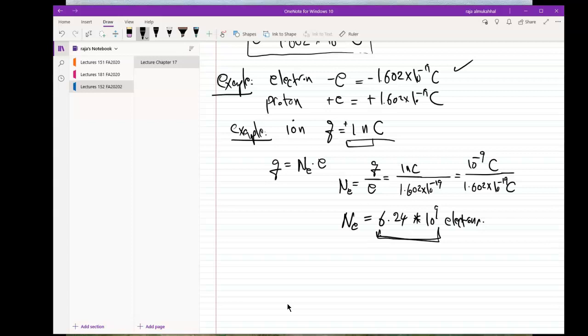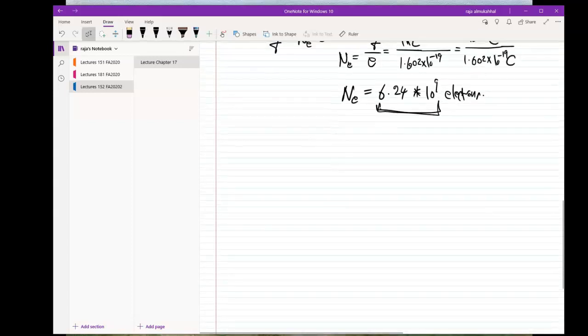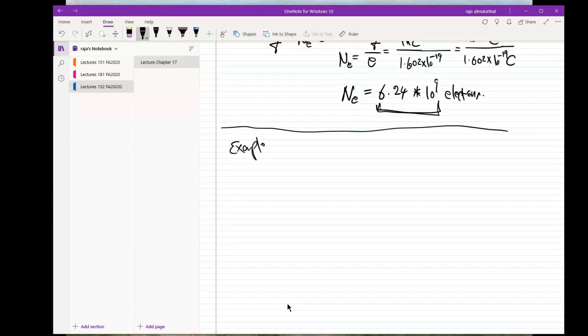There is an example related to that in the book. It's example 17.1. Let me go over it very quickly. It talks about this stuff here. Let me take the book. Let me show you the book. The book is here.